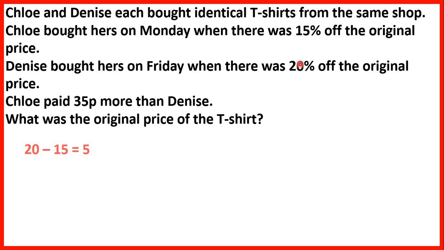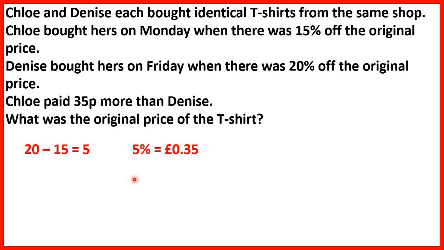So the difference between 20% and 15% is 5%. So because Chloe paid 35 pence more, we know that 5% of the original price is the same as 35 pence. So if we know 5%, how can we work out the original price?